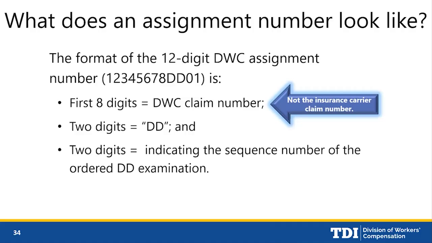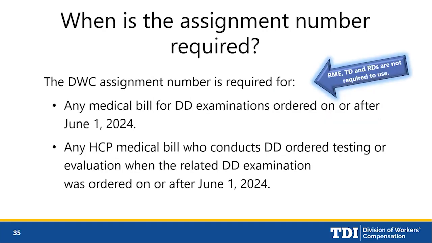They're 2 different numbers. The DWC tracks the claim with that number. The insurance carrier has their own system for tracking that claim. So the DWC number plus DD, and then we have the sequence number because there are times that the injured employee may need to go back to that same DD, and you'll have a sequence 1, 2, or 3.